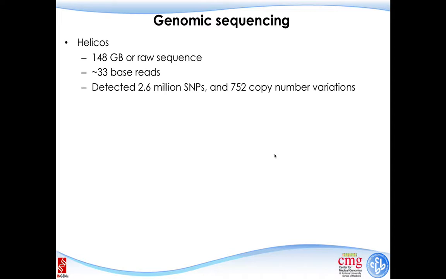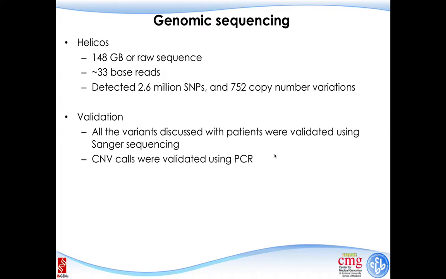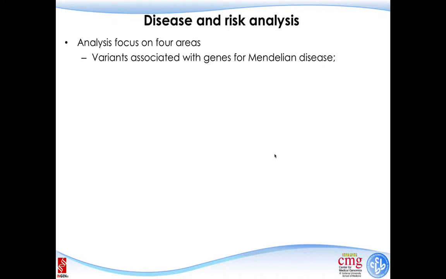They were able to detect 2.6 million SNPs and 752 copy number variations. They did some validation on some of the clinically interpretable variants, and the copy number variations were also validated using PCR. But those are not the major point of this particular paper.